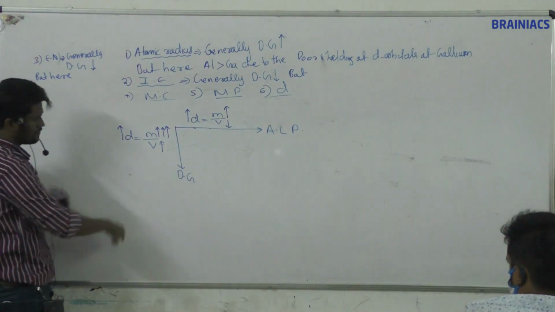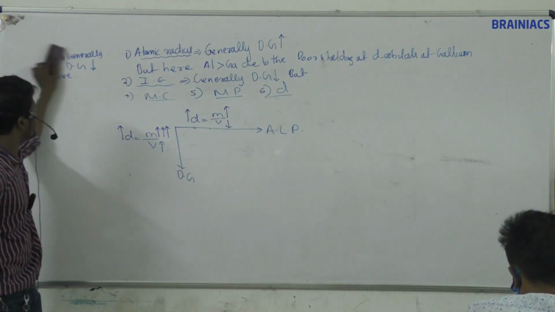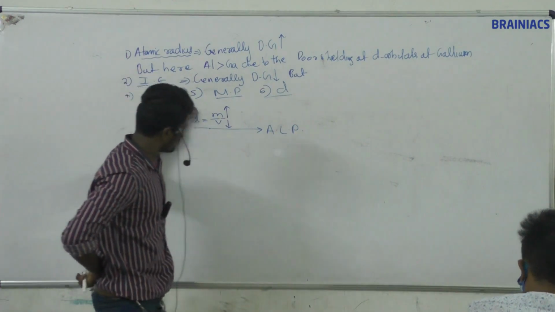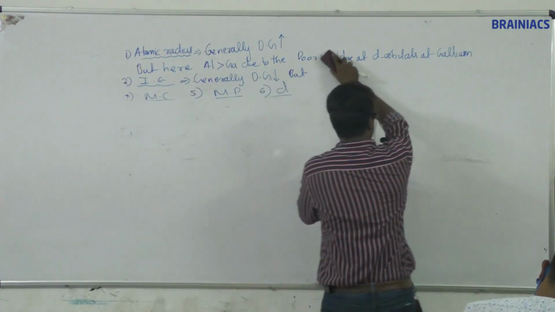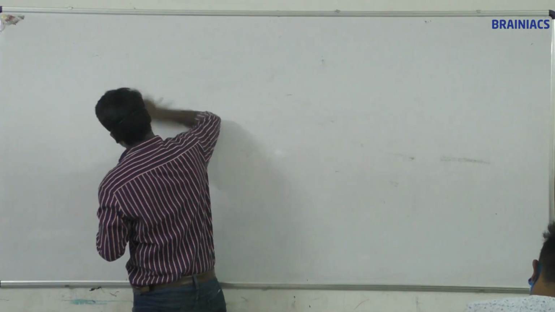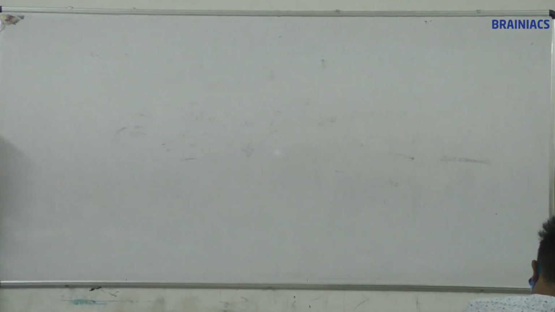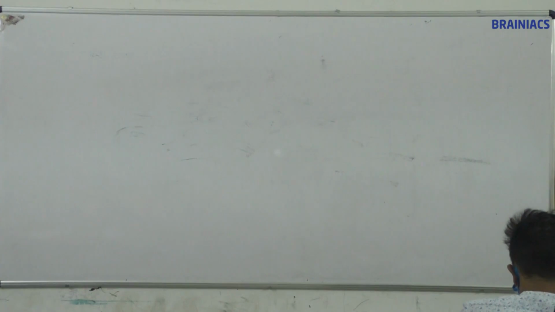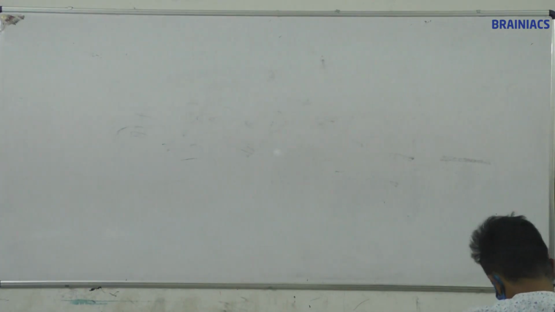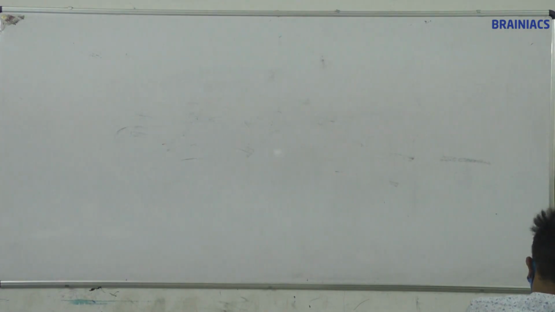Down the group density increases due to a larger increase in atomic mass than atomic size.